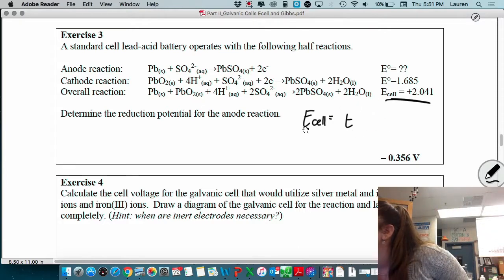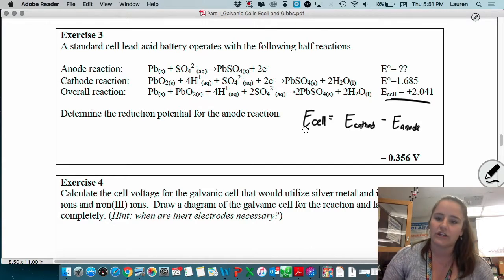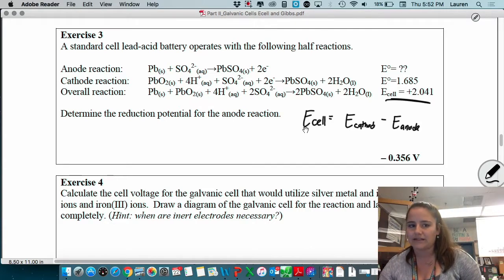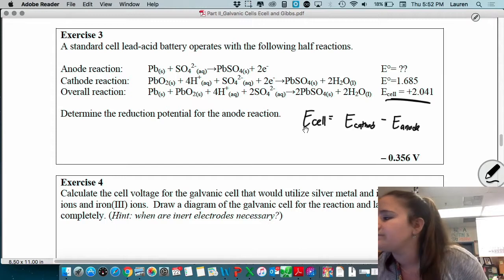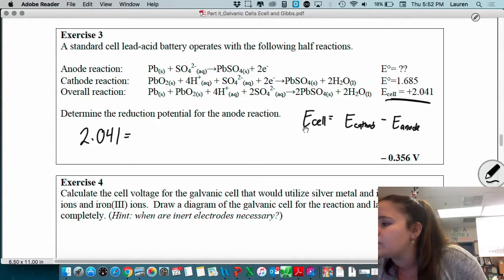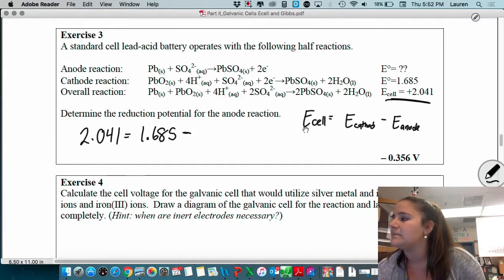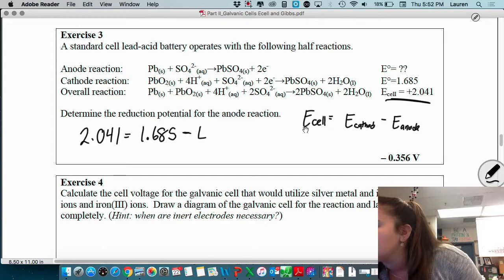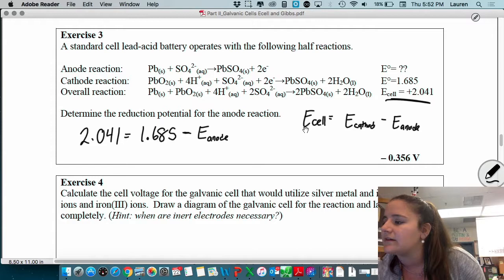E cathode minus E anode, aka reduction minus oxidation. So we have 2.041 equals my cathode, which is 1.685, minus my anode, my oxidation, E anode.